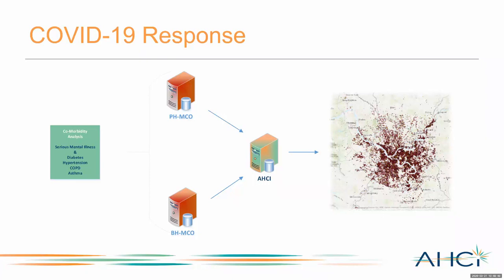So what we're going to do coming out of that is start to produce targeted information: this is where they live, this is the service provider that's responsible for them, these are the things that they might need.